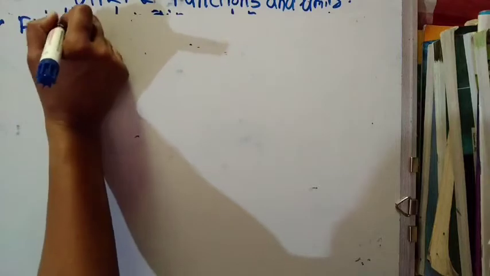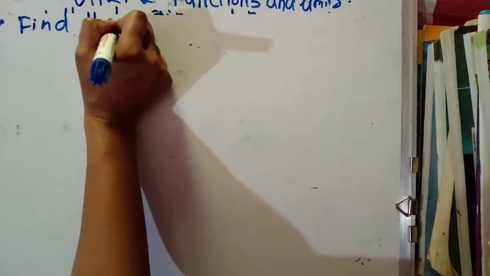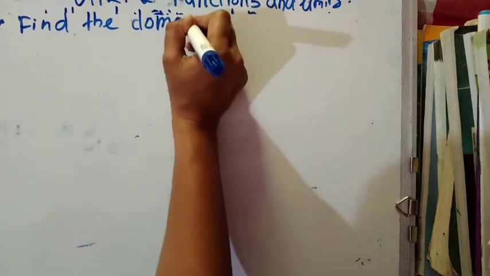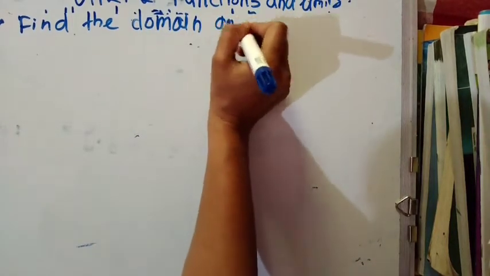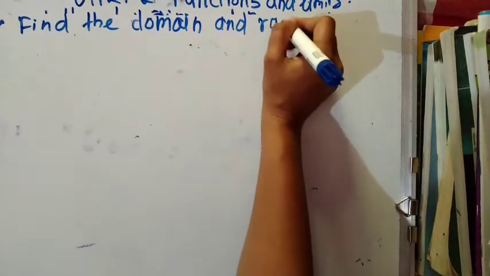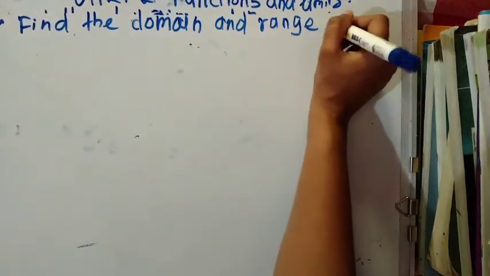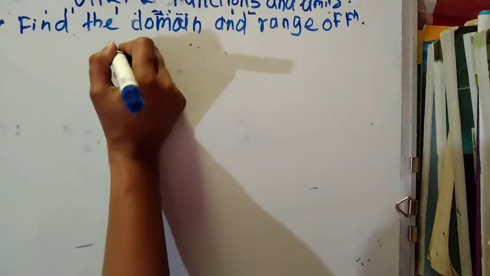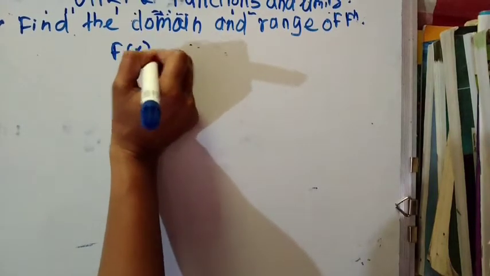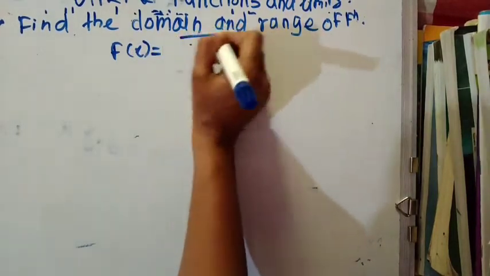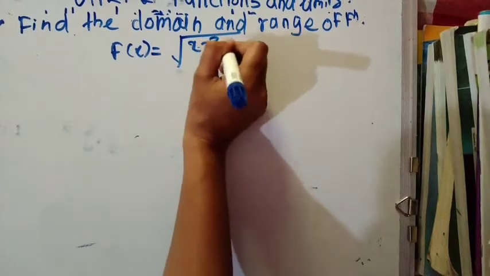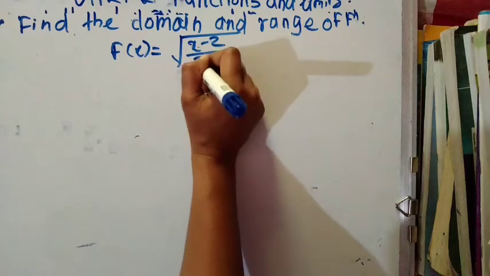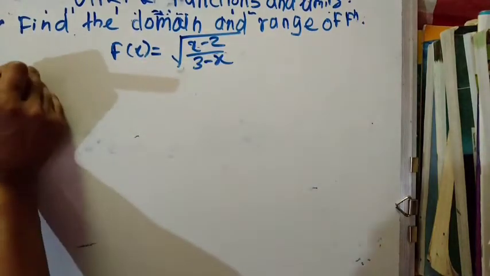Find the domain and range of the function f of x is equal to root of x minus 2 upon 3 minus x.